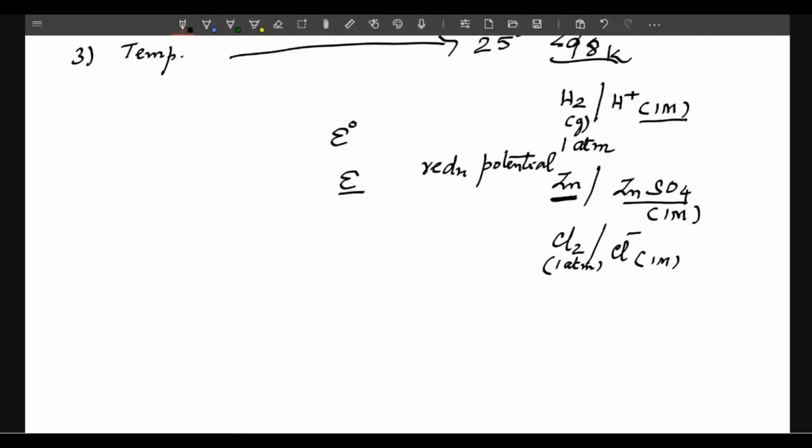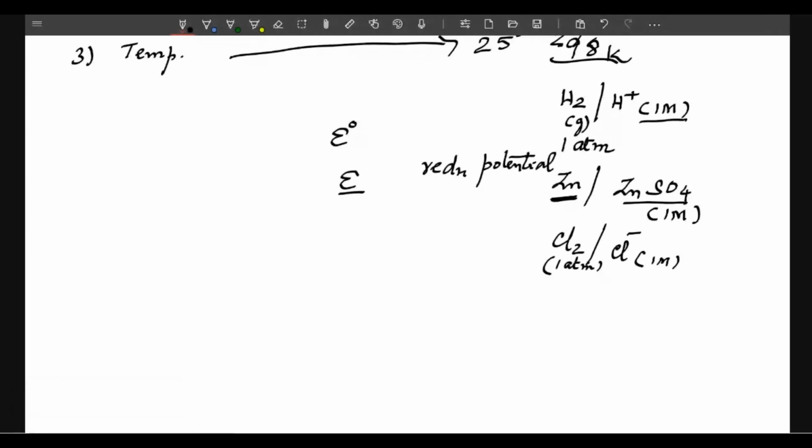Looking at the potential value, we can come to the properties of certain metal electrodes. Comparing the properties of the electrodes, we can say it is a strong reducing agent. It reduces these species, and it is a strong oxidizing agent, and it will oxidize these species. And this metal can displace this ion from its salt solution, etc.